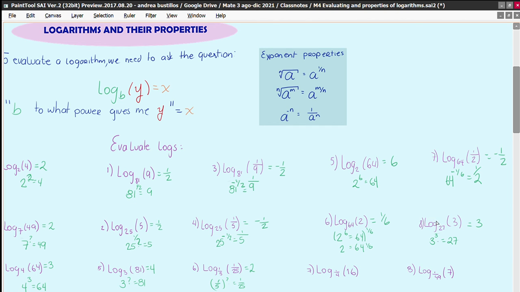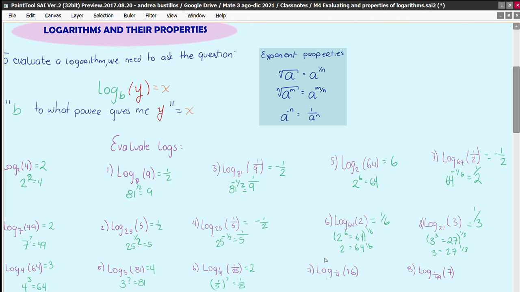But I want to isolate 3. So I have to apply the inverse operation. The inverse operation for this power is the reciprocal power 1/3. So if I apply this power, I have 3 equals 27 to the power of 1/3. That means that 1/3 is the correct answer for this logarithm.